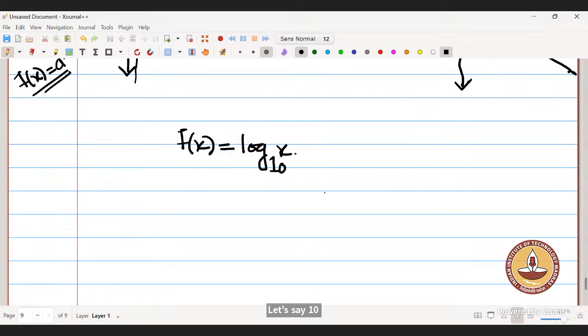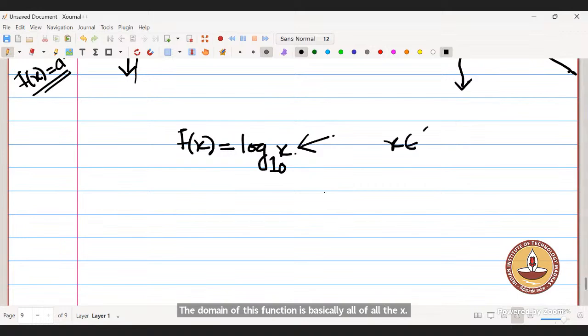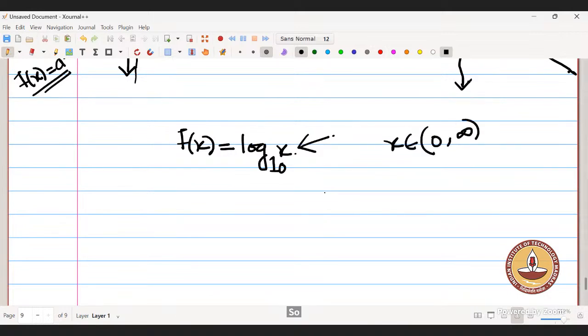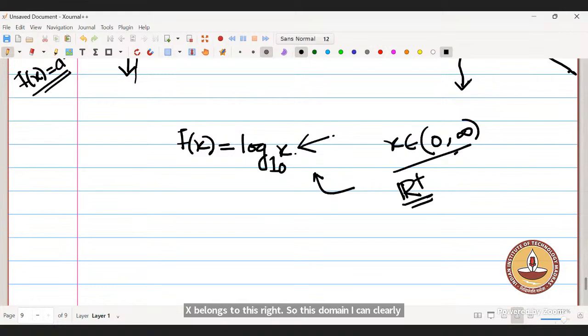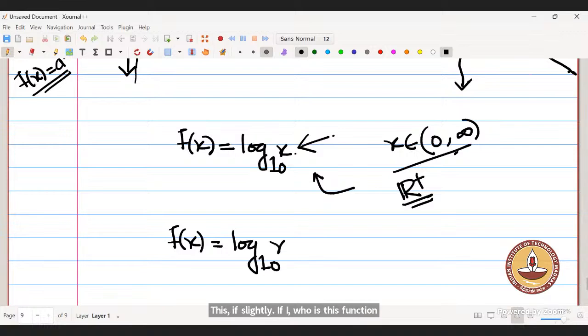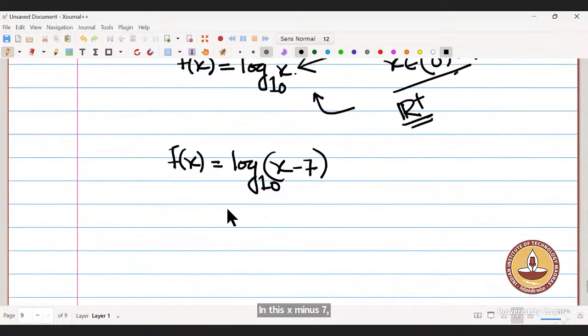From here I can say that the domain of this function is all the x such that x belongs to R plus, right? This interval. If I twist this function in this form, log of x minus 7, then what will be the domain of this function?